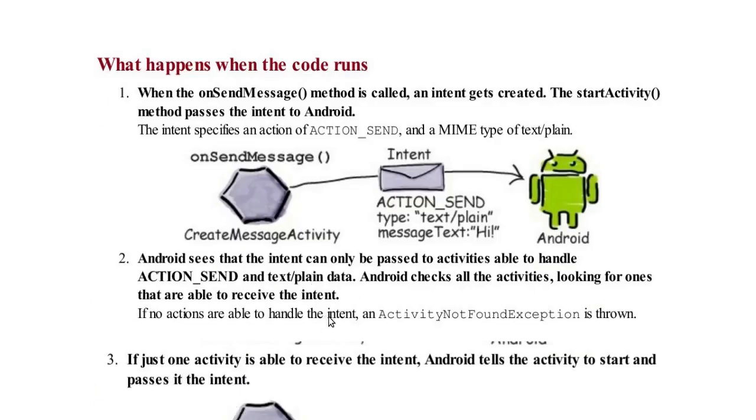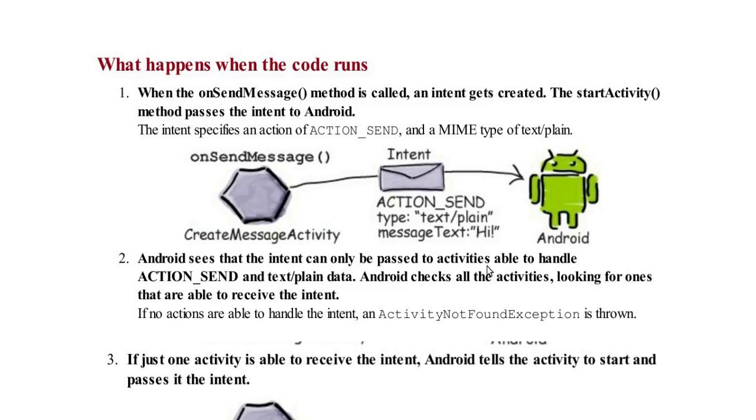So what happens behind the scenes? We have the create message activity, then we have onSendMessage. When we click on the submit button, it will call the onSendMessage method, and then we create an intent. We set the type to text plain, and the message, suppose hi, and we add that message to the intent.